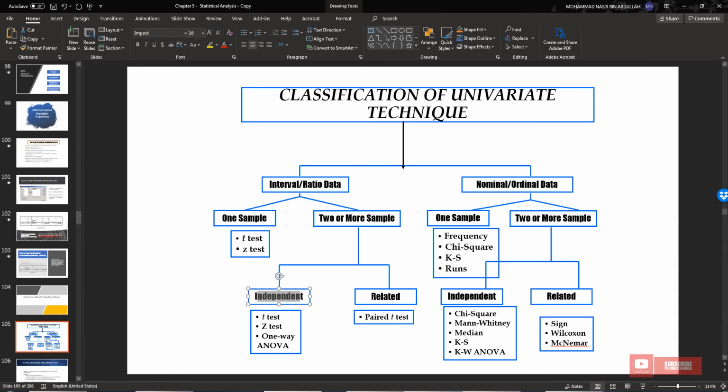Or if you have related samples, you can use a paired sample t-test. So this is the flow chart, the list of analyses that you can apply based on the type of variable and type of sample. Right?